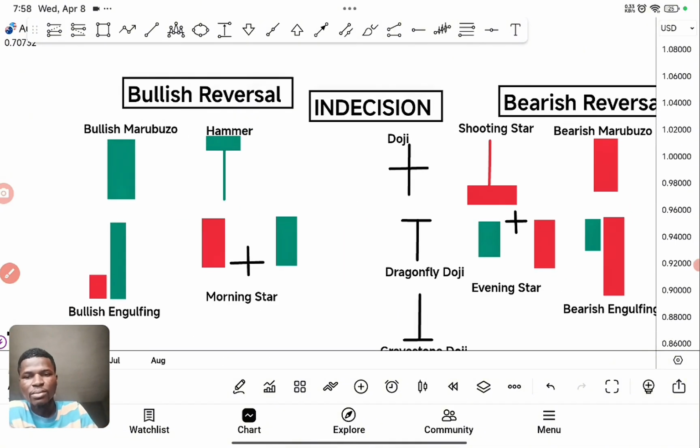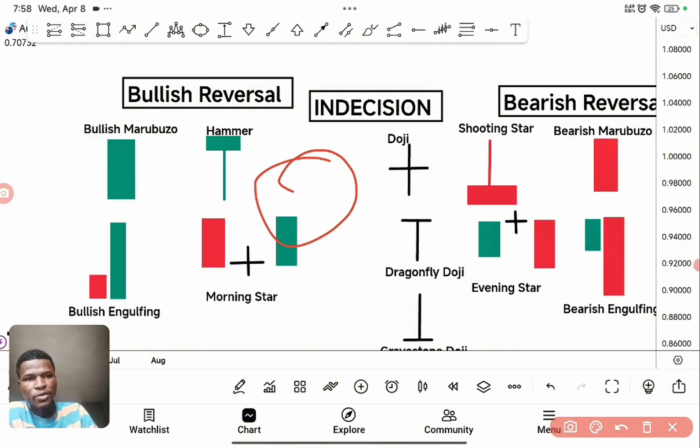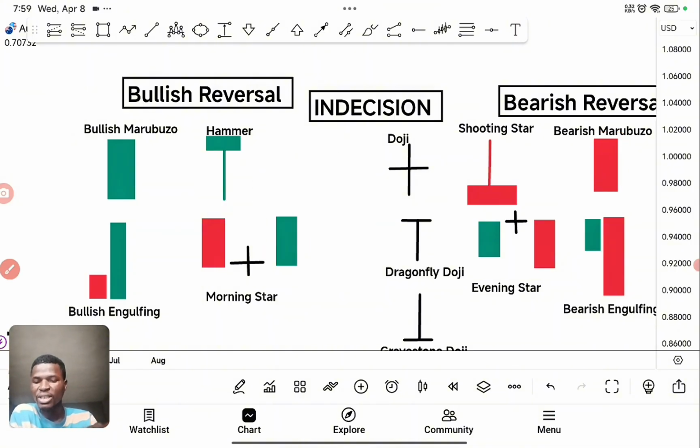When you see a full red candle with tiny or no wick, we call this a bearish Marubozu. Are you getting my point? So, what is the interpretation of this one?